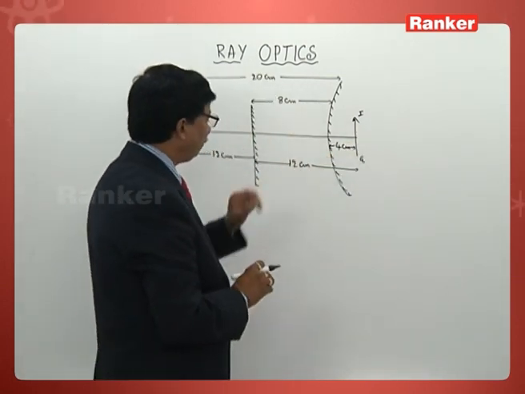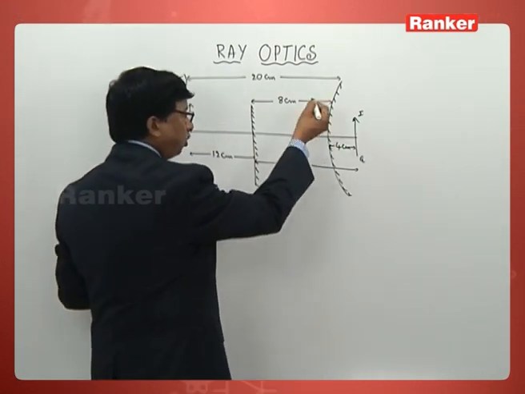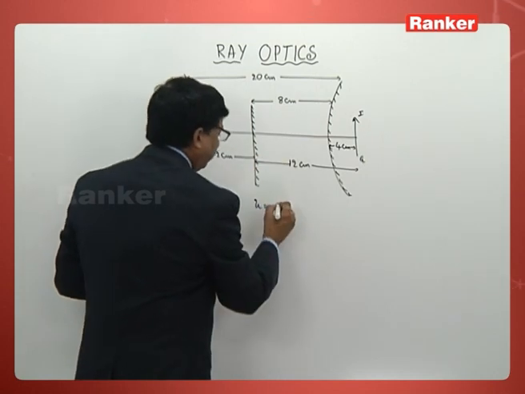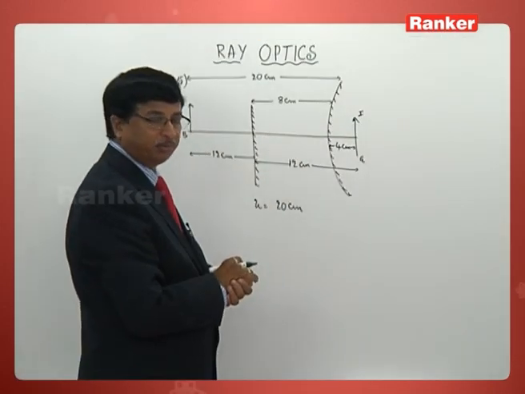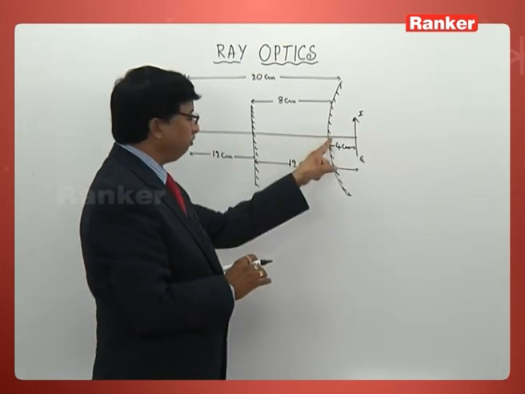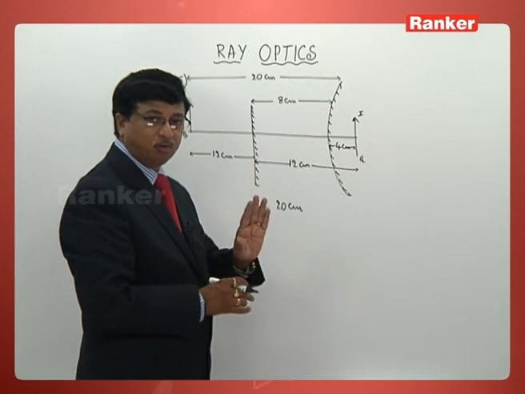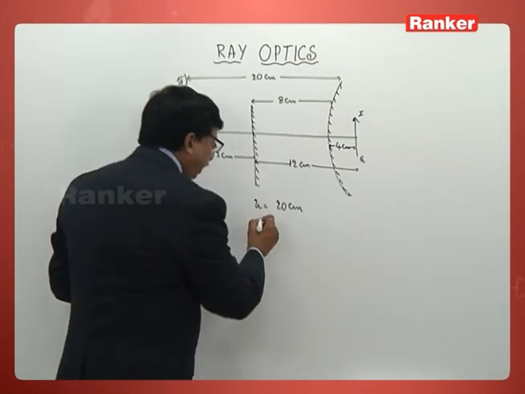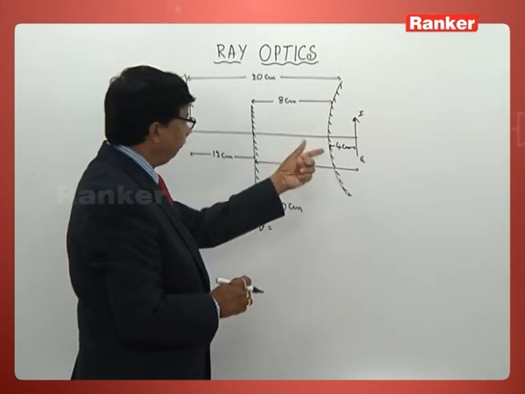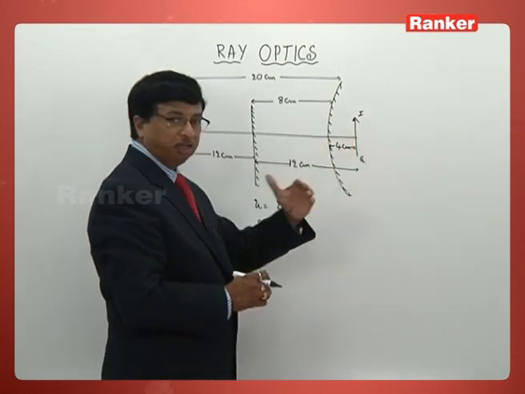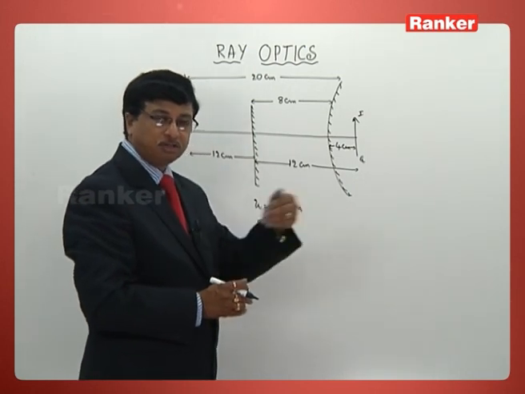So you can now understand the object distance from the convex mirror is 20 centimeter. Observe the wording. This is the object for this mirror, no doubt. It is at a distance of 20 centimeter. Fine. Where is its image formed with respect to the convex mirror? With respect to the convex mirror, the image is formed at a distance of 4 centimeter.